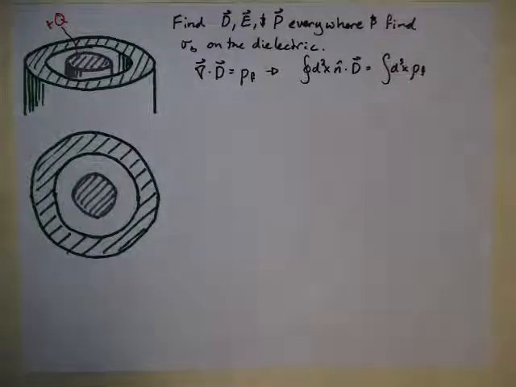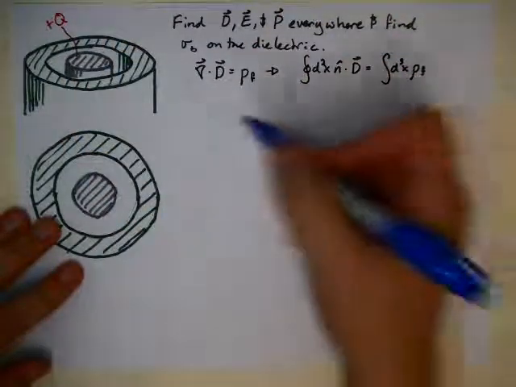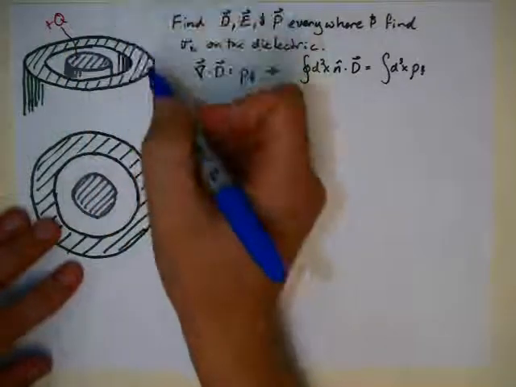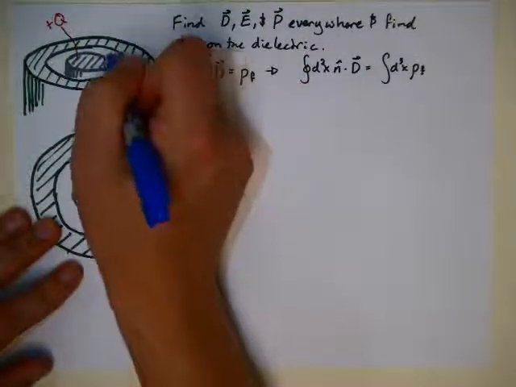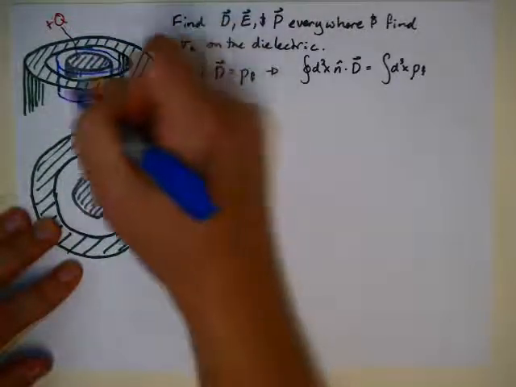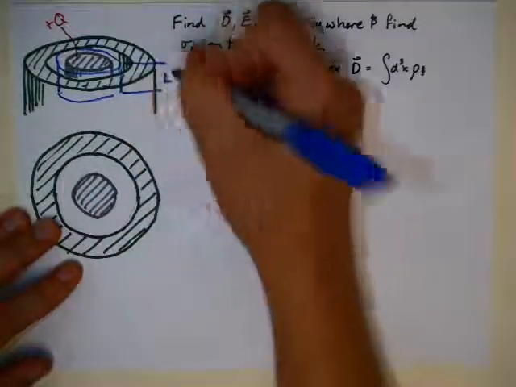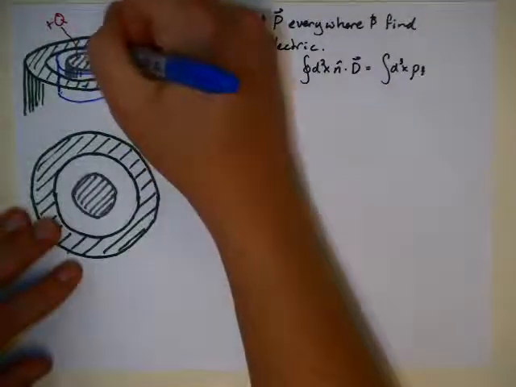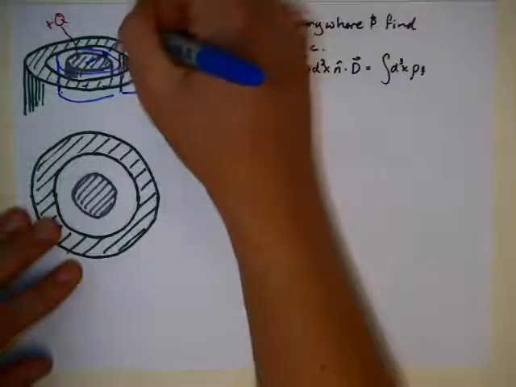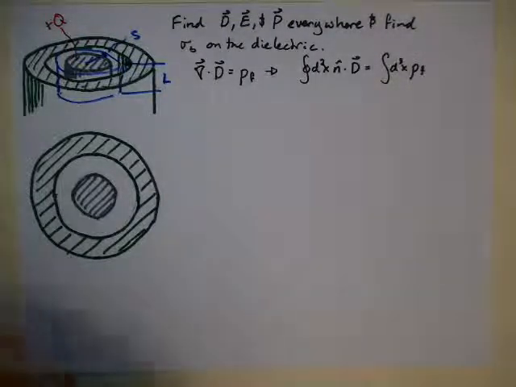We have to figure out what our Gaussian surface is going to be for this case. We have a cylindrically symmetric case, so we want to draw a Gaussian cylinder. It's going to go down with a finite length, and we would call the length of the Gaussian cylinder L, and the radius of the Gaussian cylinder S. We're going to use the symmetry of the problem.